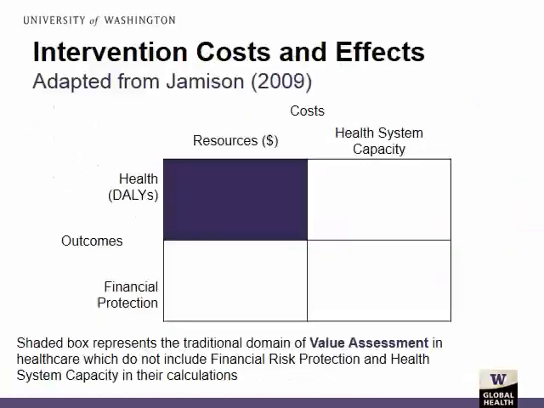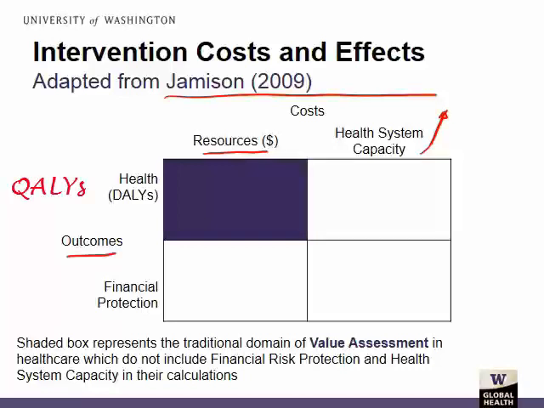If you have on this axis costs, you have resources in dollars, and you have health system capacity here. And then in health outcomes, you have disability adjusted life years, or QALYs, here. And here you have what they call financial risk protection. We talked about it in the last part. And most cost effectiveness analyses are in this purple part. They measure the amount of resources spent to produce health.